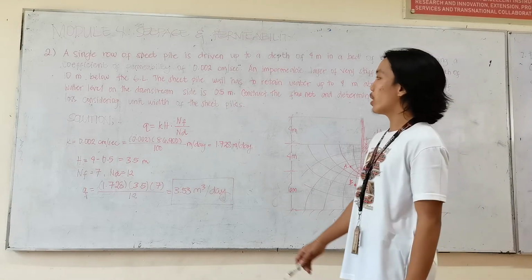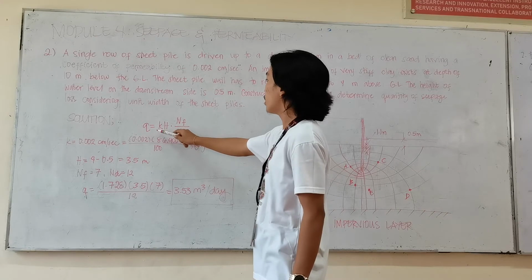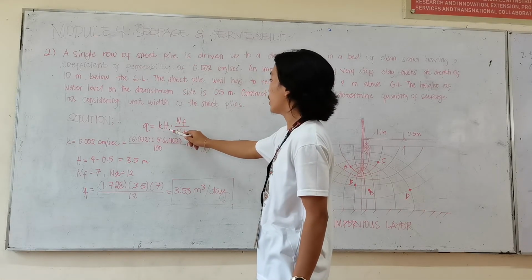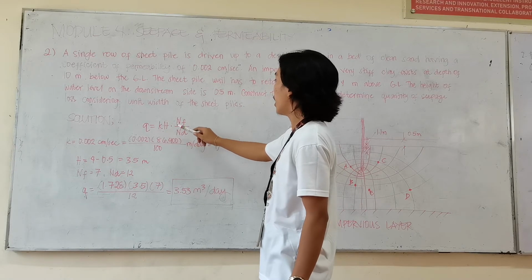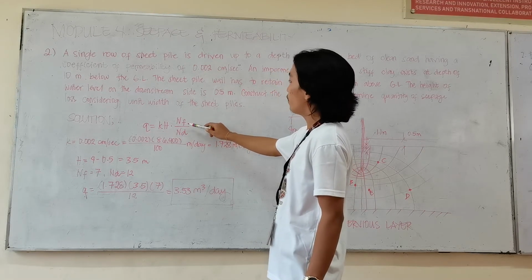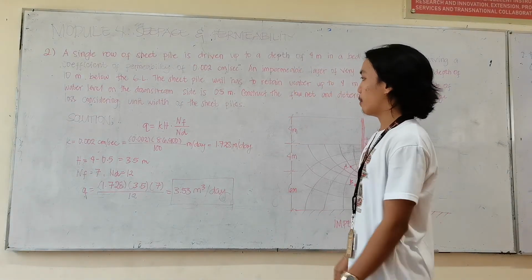So the formula that we are going to use is seepage loss is equal to K times H, which is the initial head, times NF, which stands for number of flow channels, over ND, the number of equal head drops.